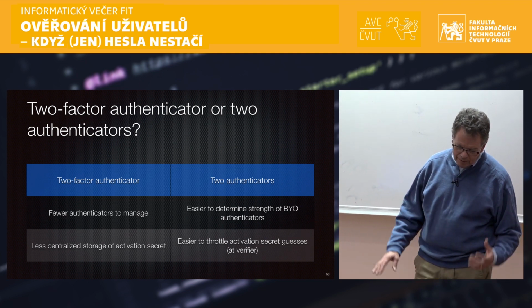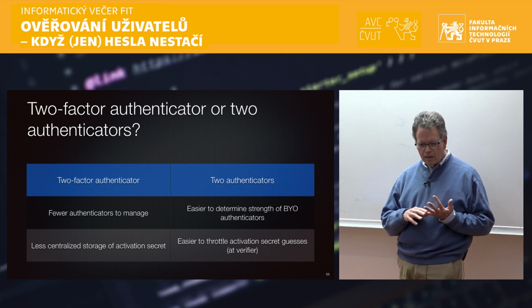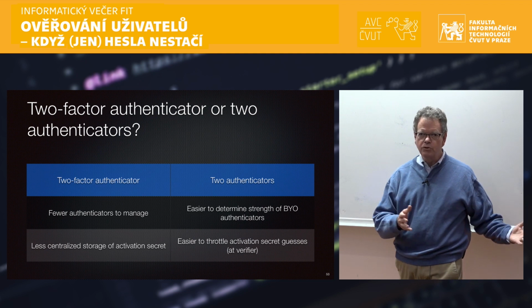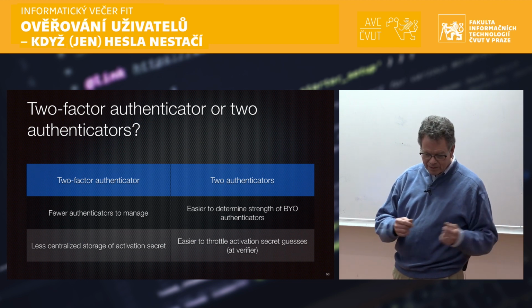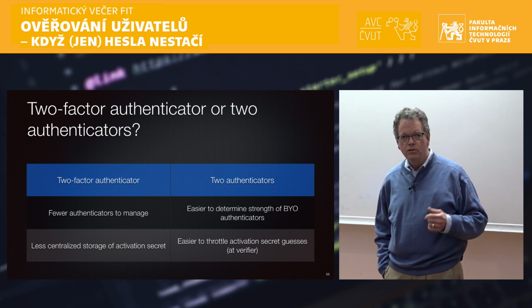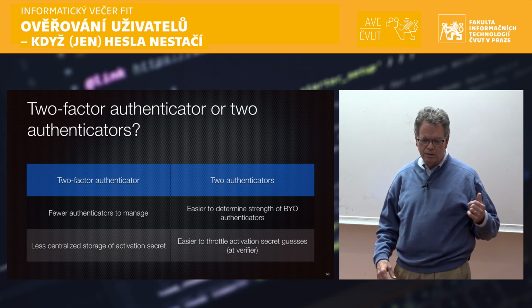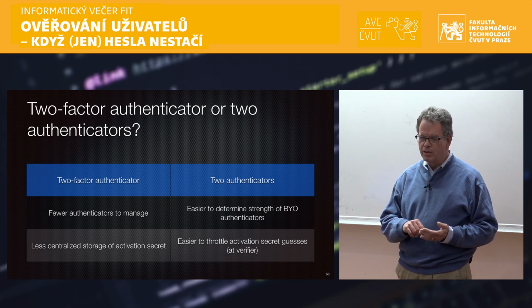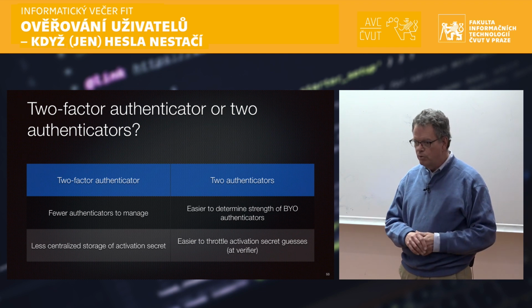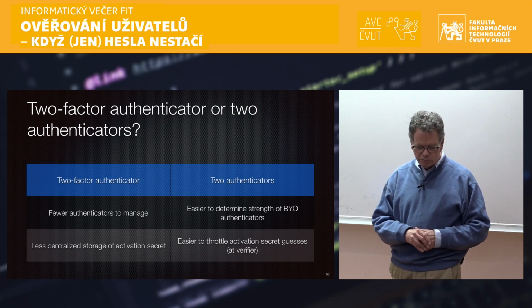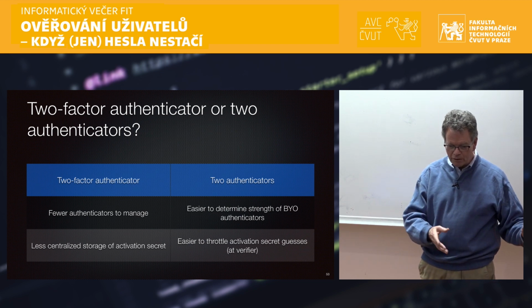And then finally, sometimes if you're doing two-factor authentication, you do that with a single authenticator that has two factors. Maybe you have to enter a PIN or something in order to activate the authenticator, and then it will provide you with a single authentication as a result. So that's a two-factor authenticator.